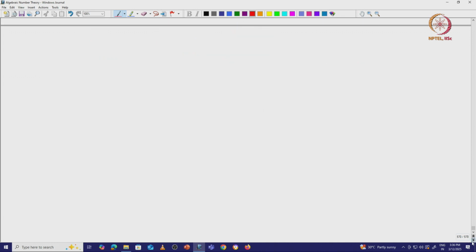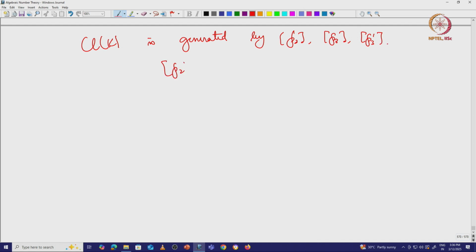Again it is the same kind of thing: the class group is generated by P_2, P_3 and P_3 prime, but P_2 squared is the identity and P_3 is the same as P_3 inverse. So I can forget about this generator, and I can forget about this generator.